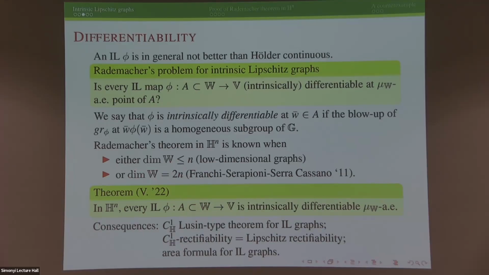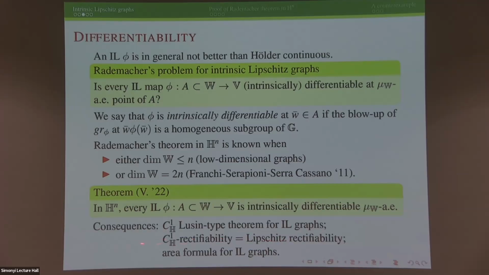Well, first, you can state a Lusin type theorem for intrinsic Lipschitz graphs. So an intrinsic Lipschitz graph can always be covered by a C1 graph, C1H graph, meaning some graph with some intrinsic C1 regularity, apart from an arbitrarily small set.